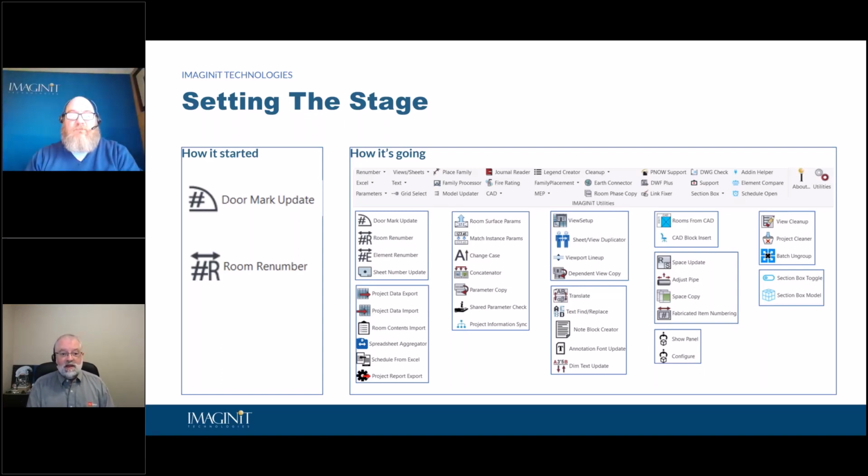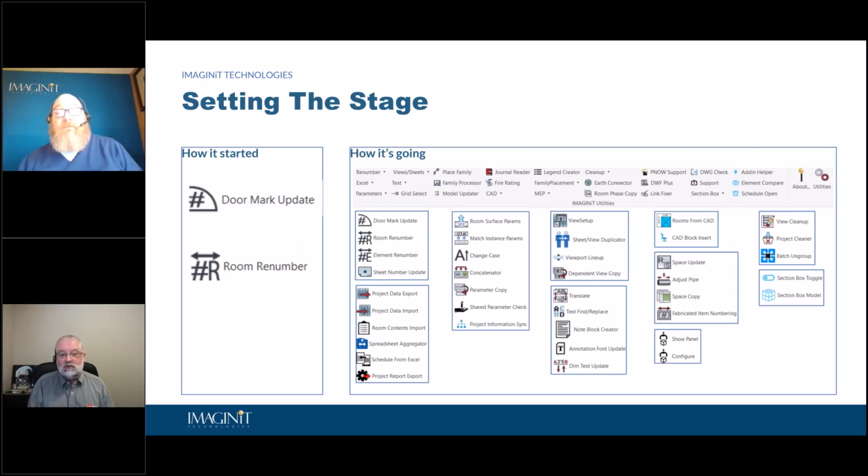If we're looking at how it's going, this is some recent screen caps of what the utilities toolbar looks like right now. And as I'm looking at it here, I realize I missed one, and shame on me for this. There's a set of 3 tools related to working with point clouds that didn't make it into my screen caps.